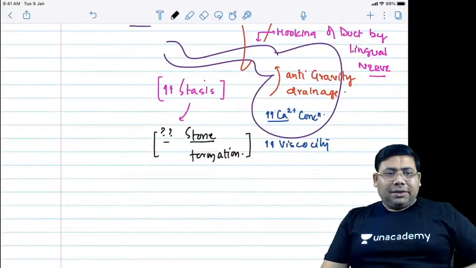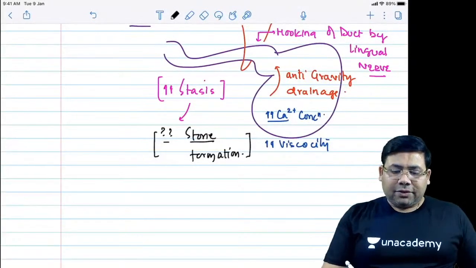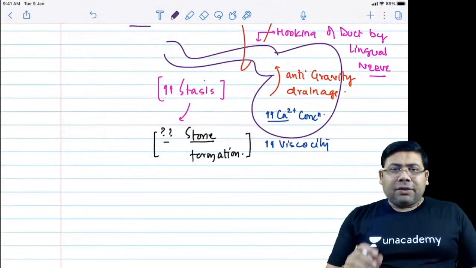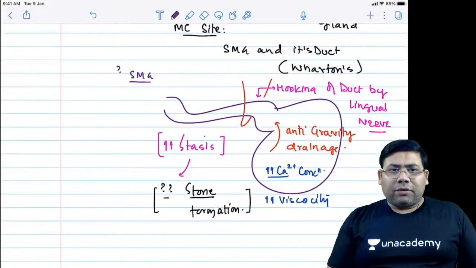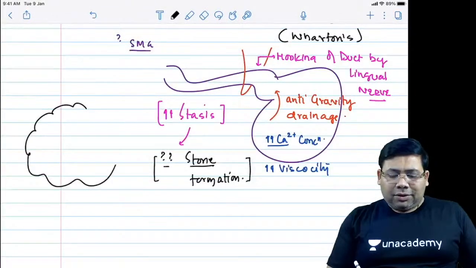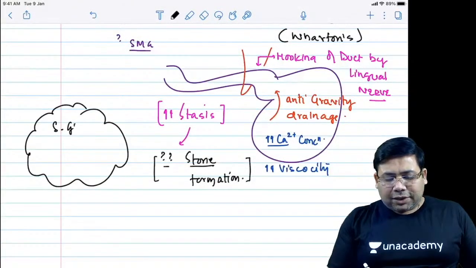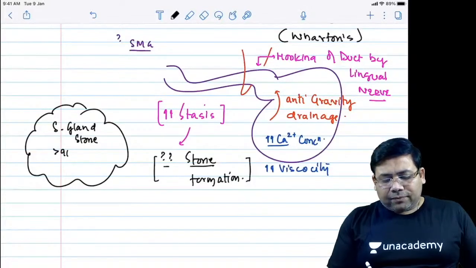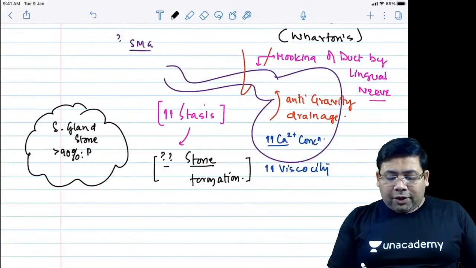Let us see one more thing. The next very important thing is, when we talk about salivary gland stones, more than 90% of them are radio-opaque.